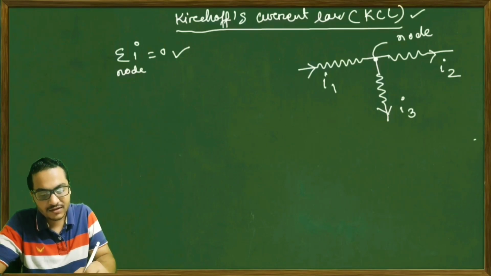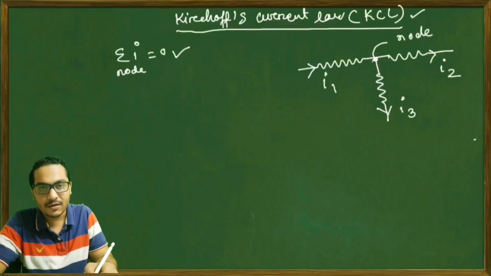See, here the current I1 is entering towards the node. Means for this branch, this node is your lower potential. Obvious, it is very obvious. So for I1, we take negative sign. And for this branch, here current is leaving from that node.